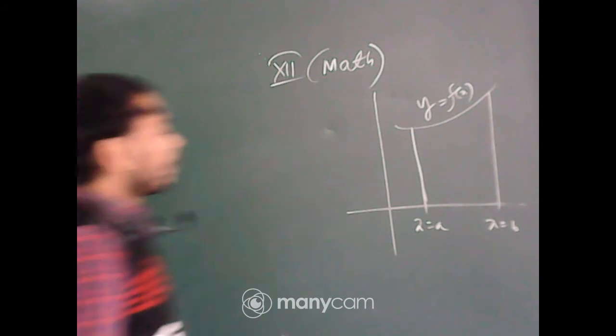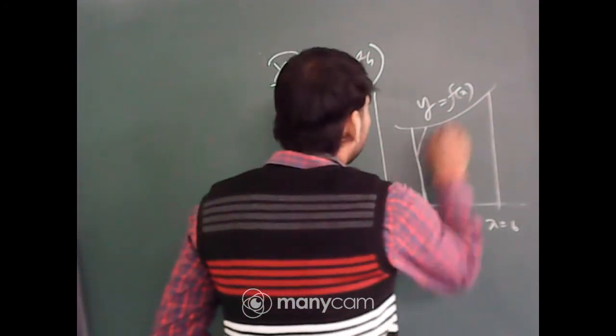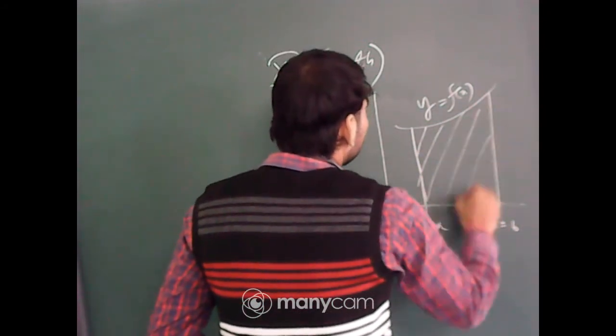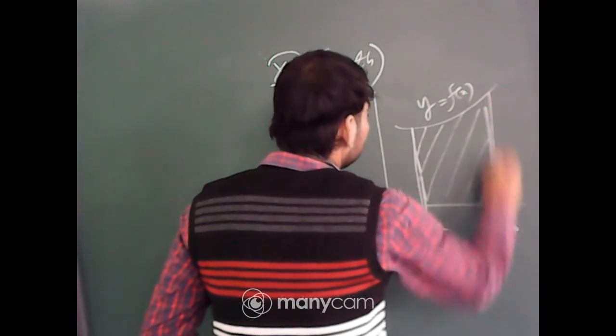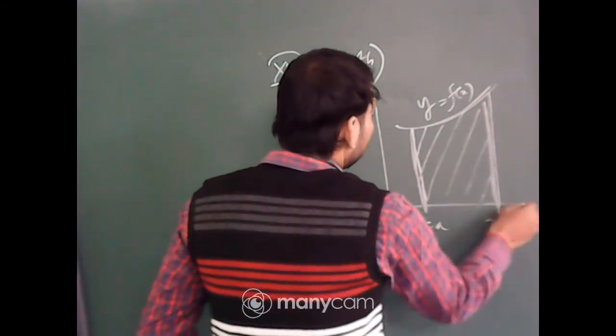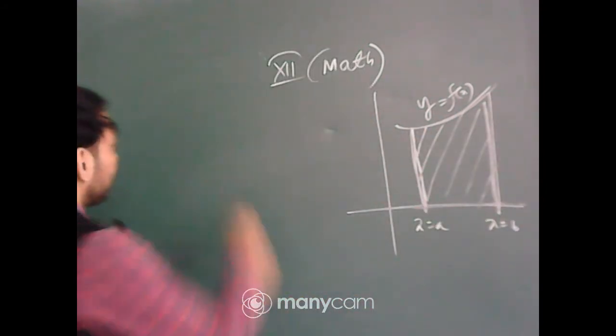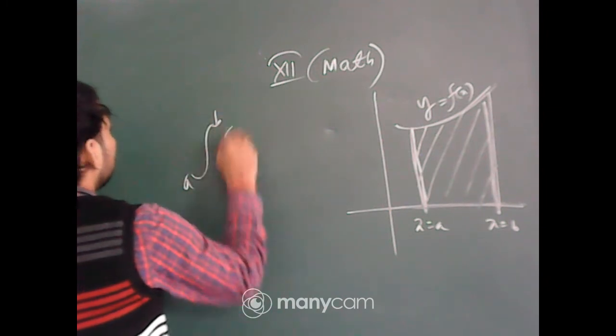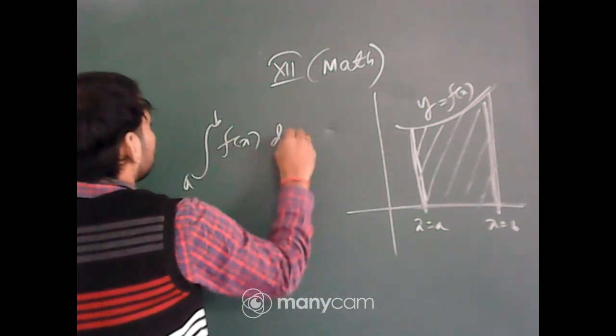So the main motto of definite integral is to find the area between the curve y equals f(x), the lines x equals a, x equals b, and the x axis. a to b integration f(x) dx.